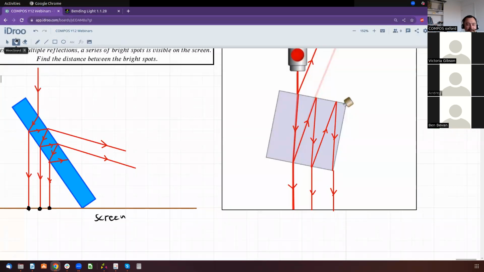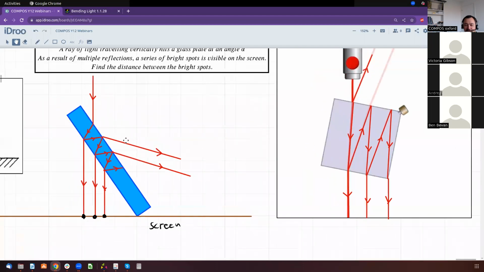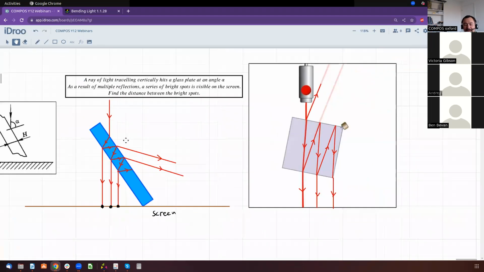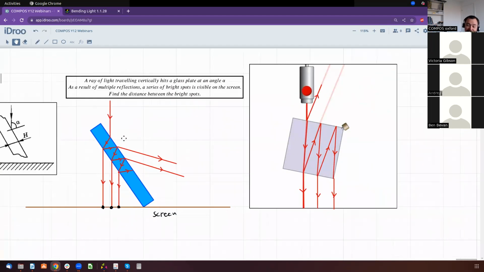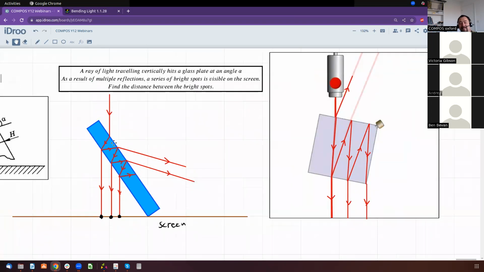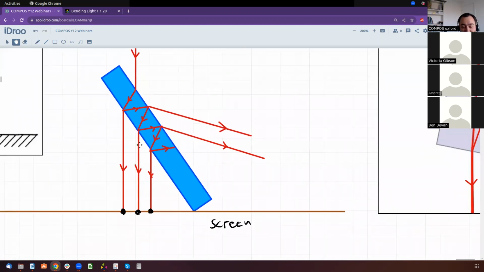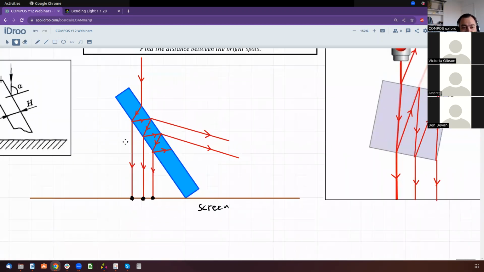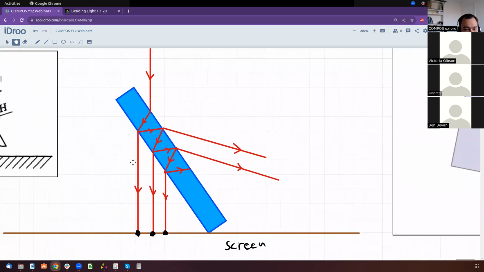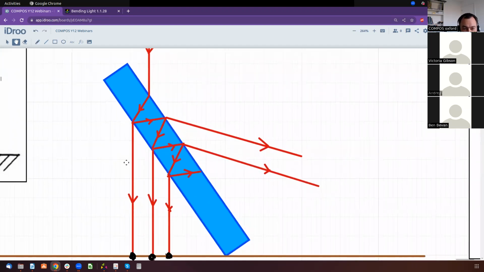Anyways, we've done the very physicsy part, my favorite part, and let's dig into some maths, because maths is unavoidable here, and perhaps the hardest thing in optics is geometry. Okay, so let's have a look.